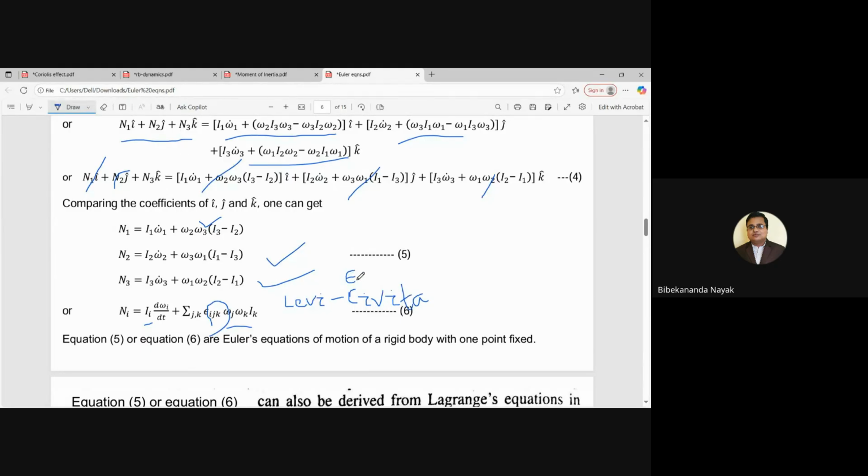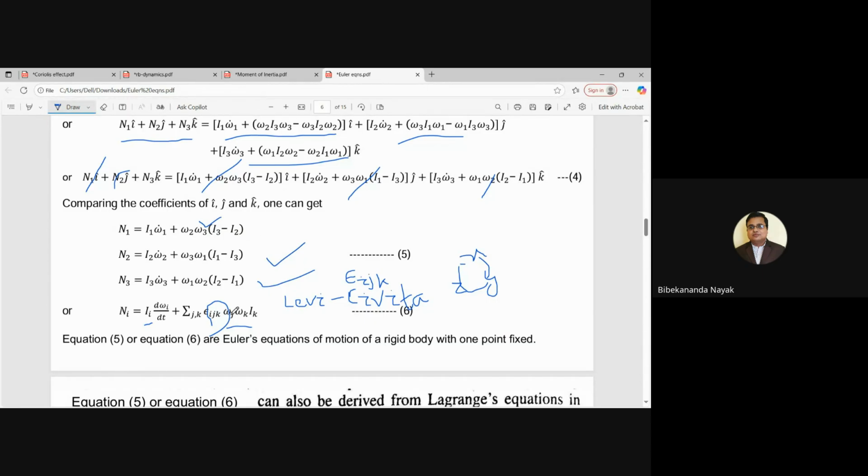We call it the Levi-Civita symbol. If two indices are the same, let's say i is equal to j, then 0; j equal to k, then 0. But if it is an even permutation, in cyclic order x, y, z, suppose after x, y we take z, it is positive. If y, z, then x. x, y, z, y, z, x, or z, x, y, then it is plus 1. Otherwise minus 1.